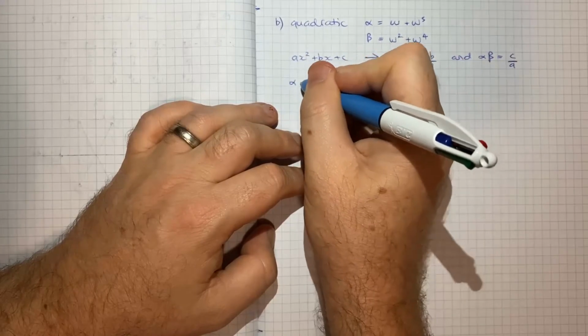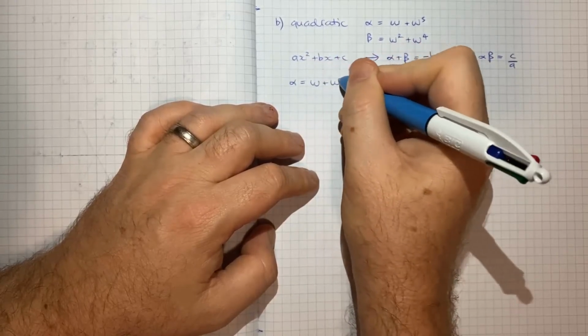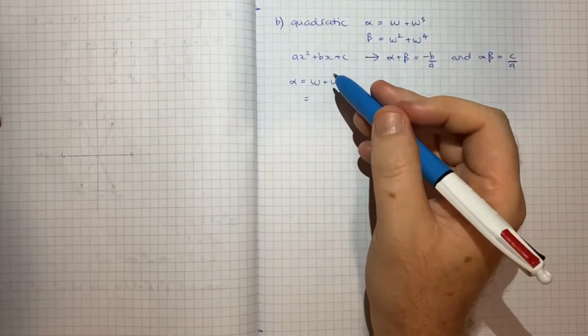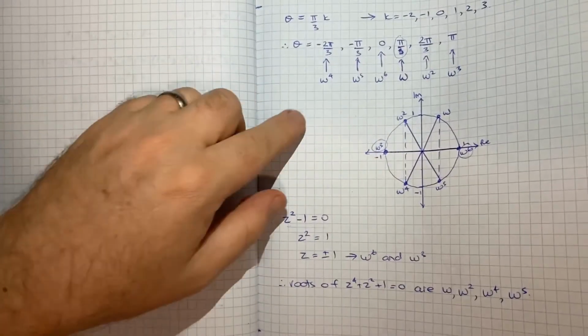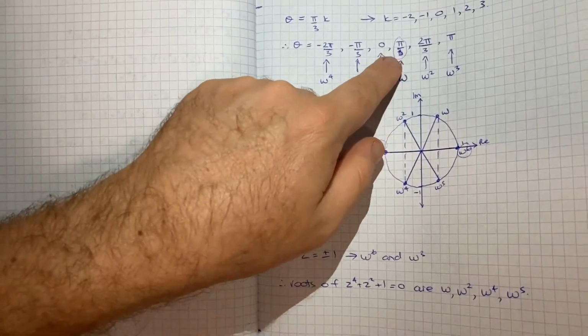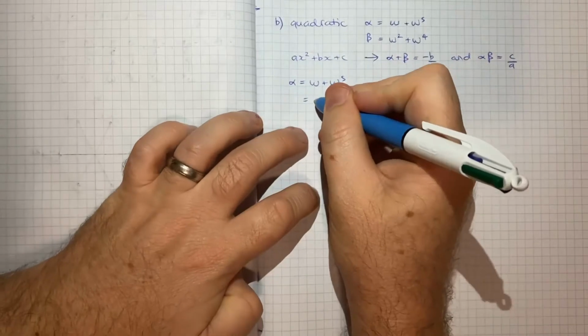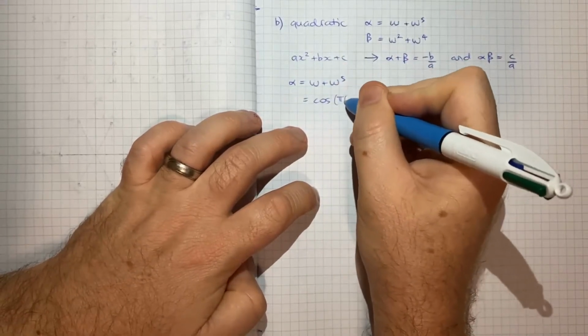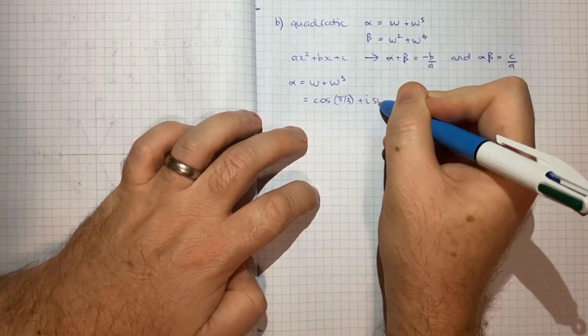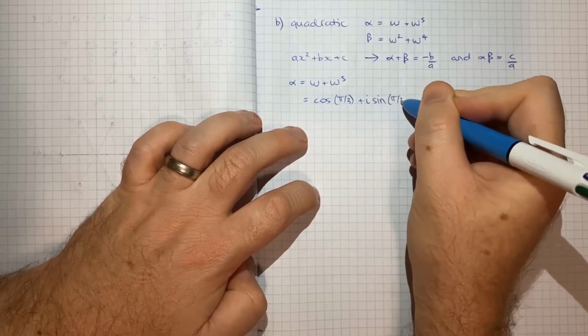So alpha is equal to w plus w to the 5, and remembering w has argument pi on 3, so that's going to be cos pi on 3 plus i sine pi on 3.